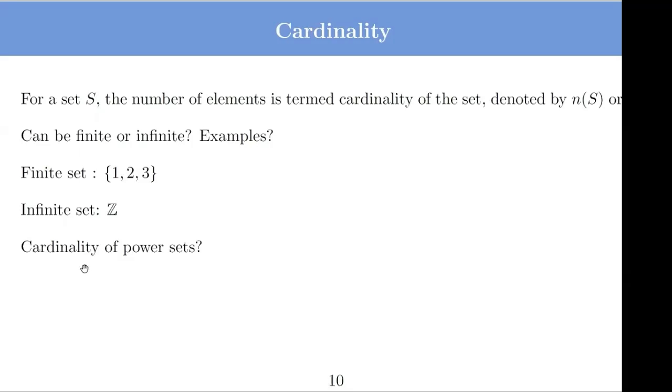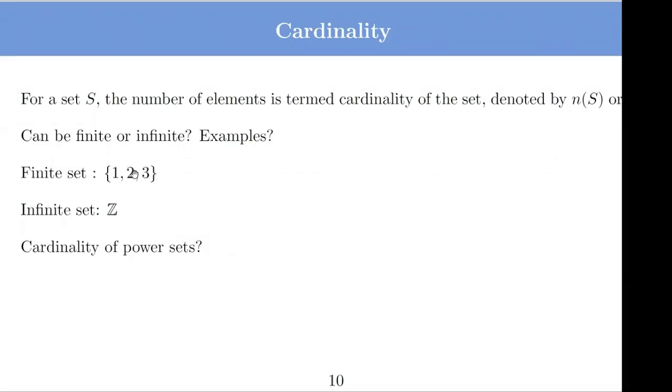Now can you guess what is the cardinality of power sets? Suppose I take this set {1, 2, 3}. What will be the cardinality of the power set? If you try to make subsets of this set, you will see that there are a total of 8 possible combinations of these numbers. So there are 8 subsets possible.